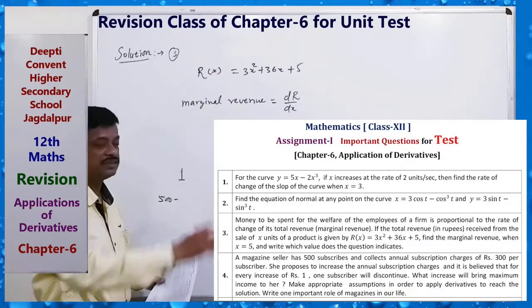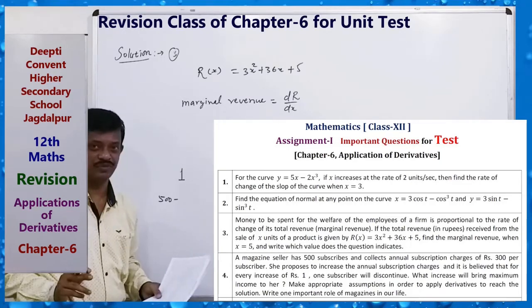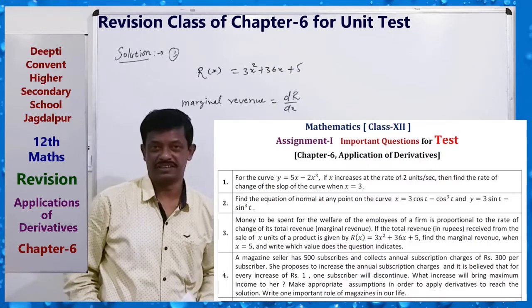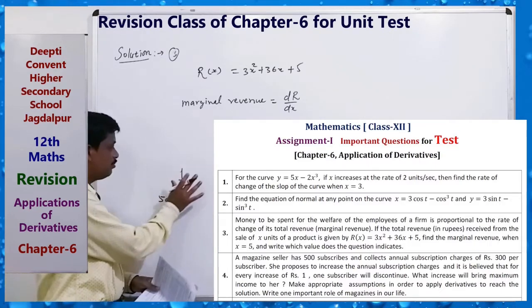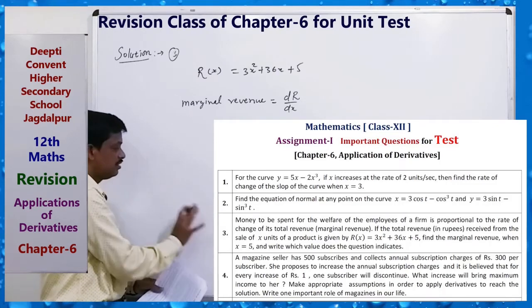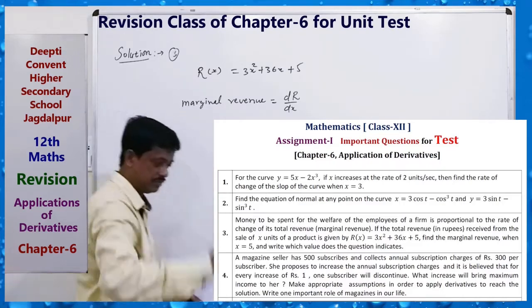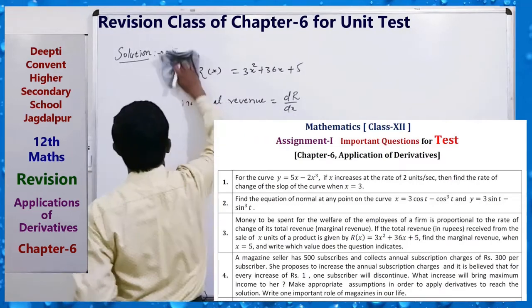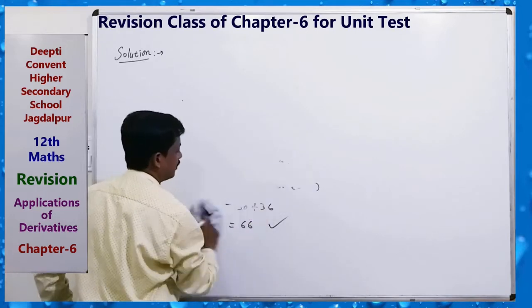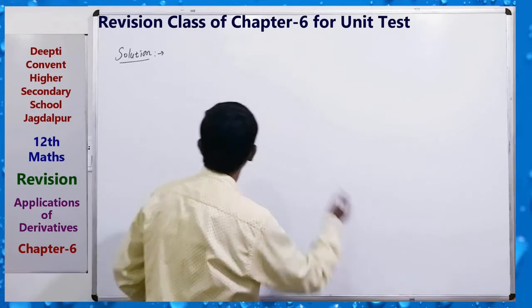So for finding the solution of this question, we have to find the maximum income. So we have to establish the income function here, and we have to suppose one increase in subscription charge is X rupees. Question 4.